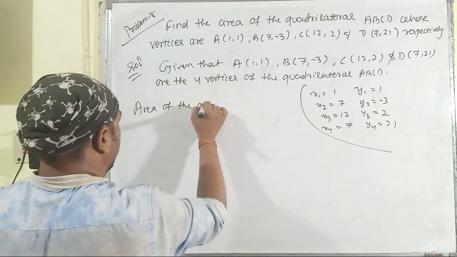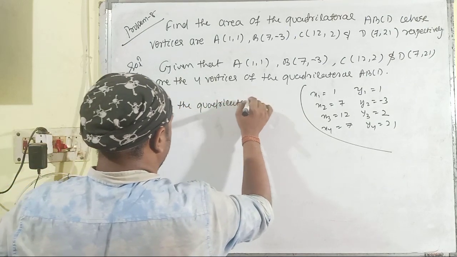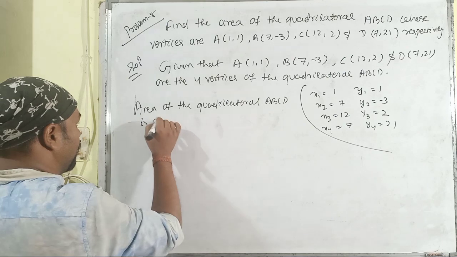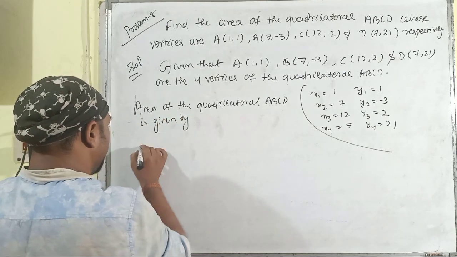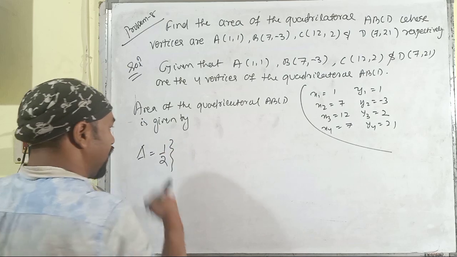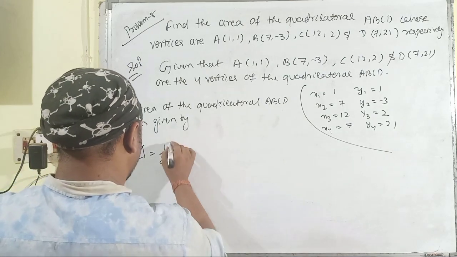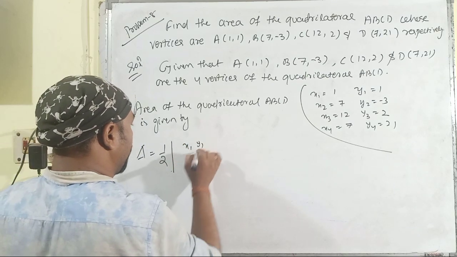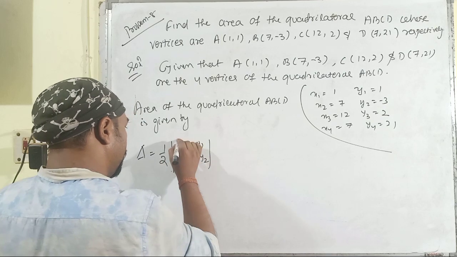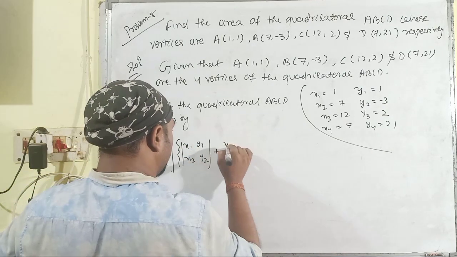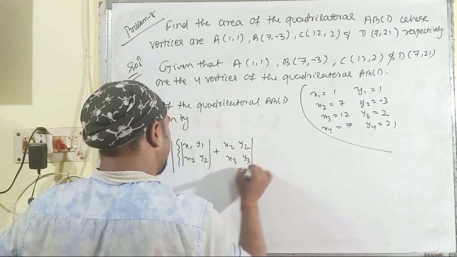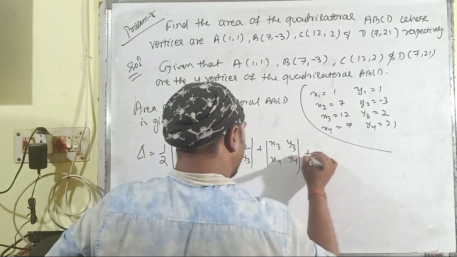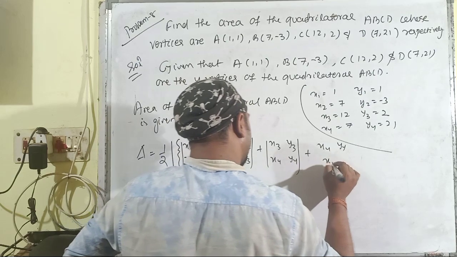The area of the quadrilateral ABCD is given by area is equal to half of the modulus of the determinant of (x1 y1, x2 y2) plus (x2 y2, x3 y3) plus (x3 y3, x4 y4) plus (x4 y4, x1 y1).